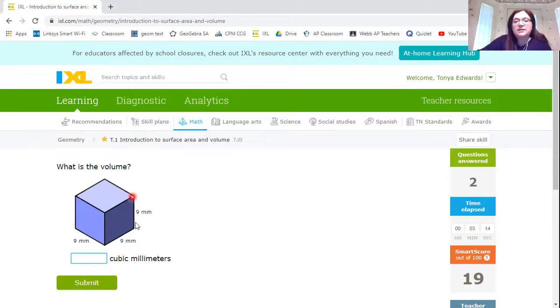How tall is this thing? So in our example, triangular prism, the base times the height. So that's 9 times 9 times 9 is 729. Now this is volume, so you can see here it says cubic millimeters.